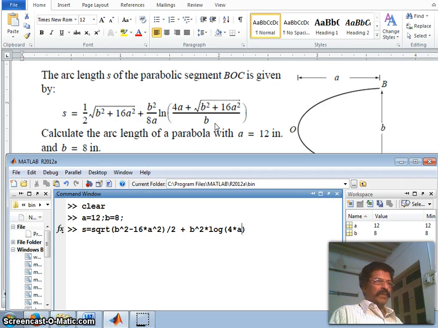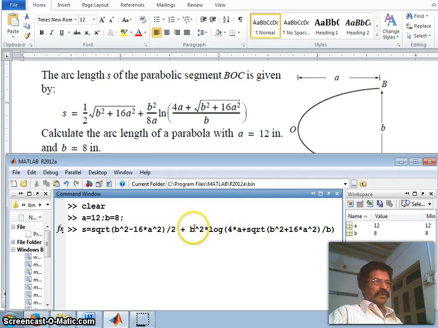Log consists of 4 multiplied by A plus square root of (B square plus 16 multiplied by A square). Therefore I will put one more bracket for this entire term. Log of this entire term is divided by B. Alright, then the whole term is divided by 18.